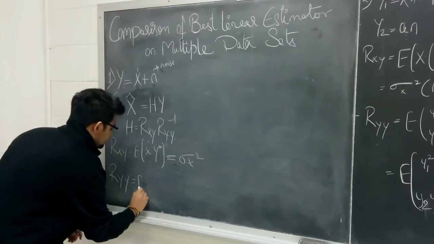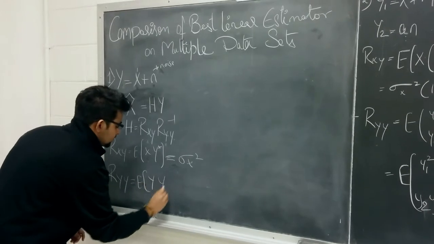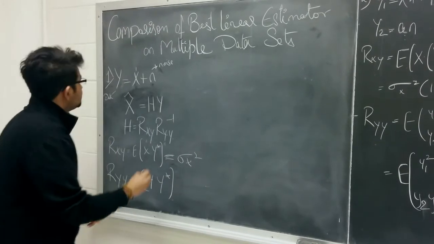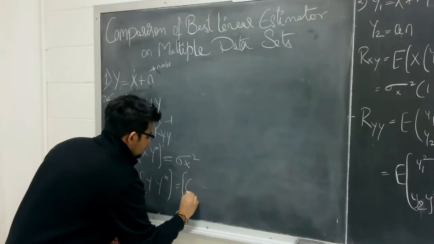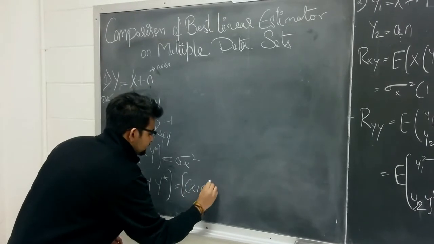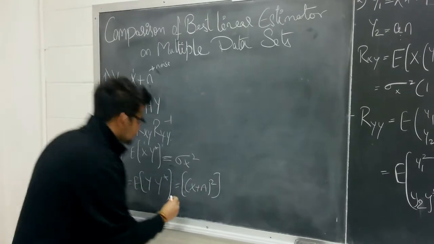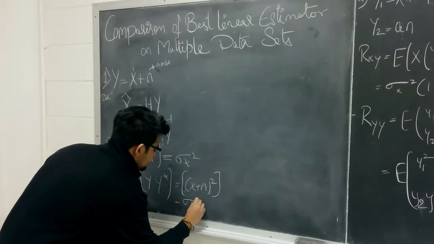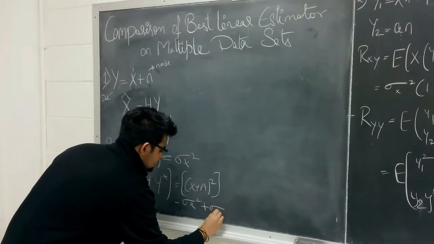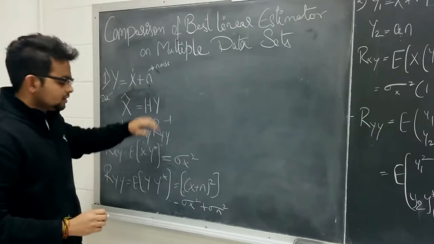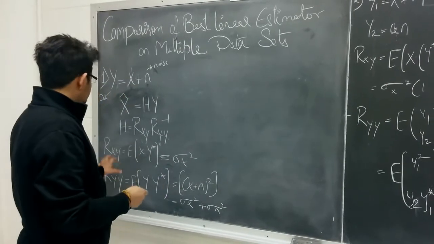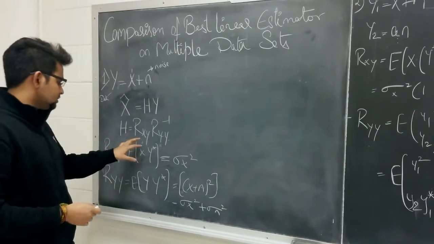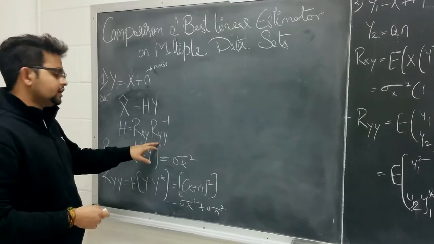Ryy is the expected value of y into y star, which is simply x plus n whole square, which turns out to be sigma x square plus sigma n square, since the unknown signal and noise are uncorrelated. And for finding the value of h, it is rxy into ryy inverse.